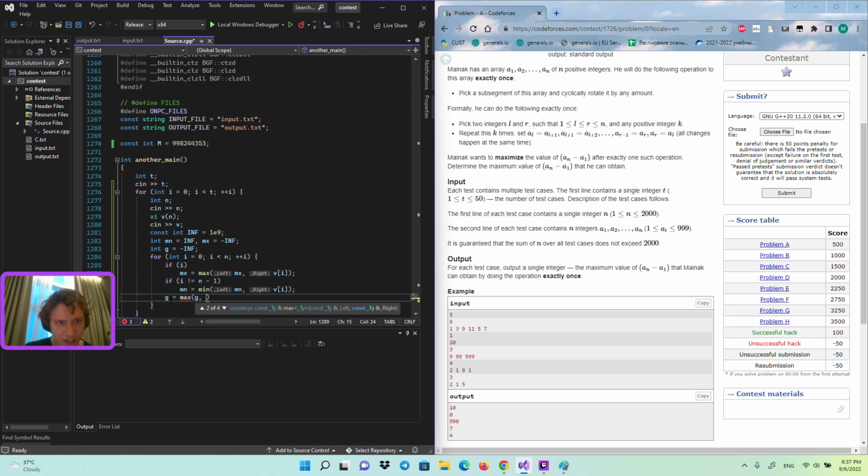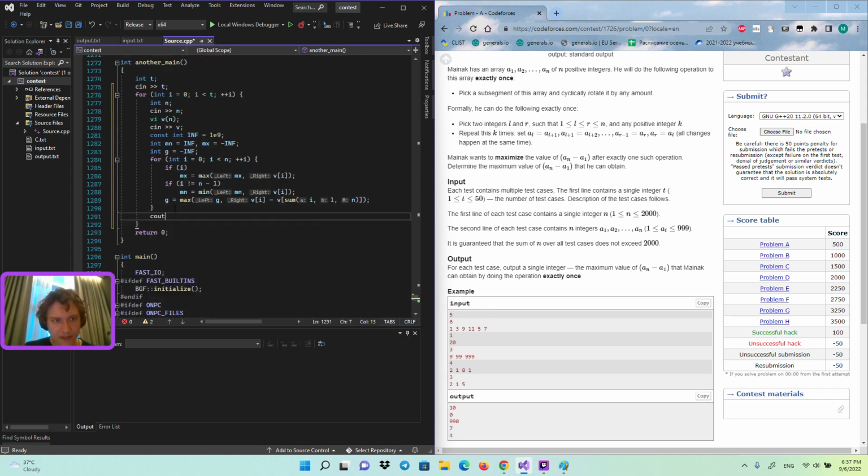So G is like the max of G and v[i] minus v[i+1]. And now we output the maximum of three numbers: of G, mx minus v.front, and v.back minus mn.